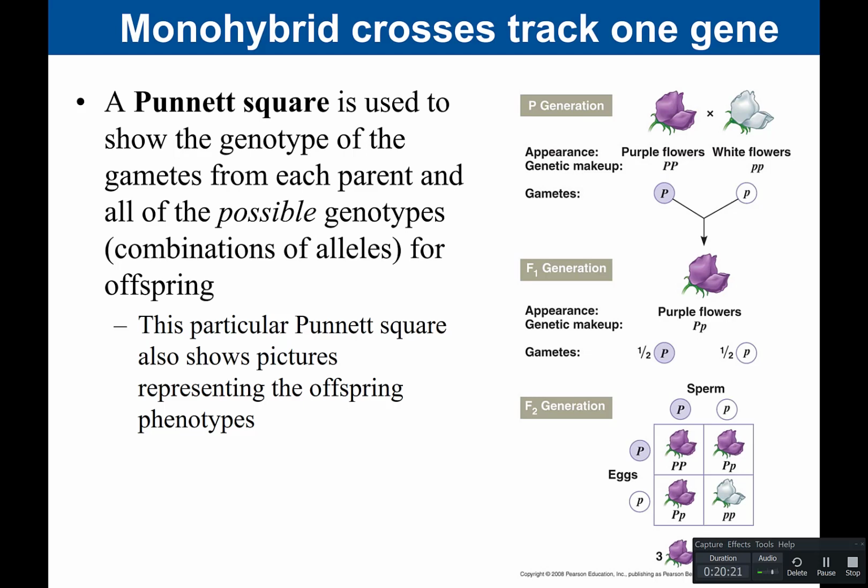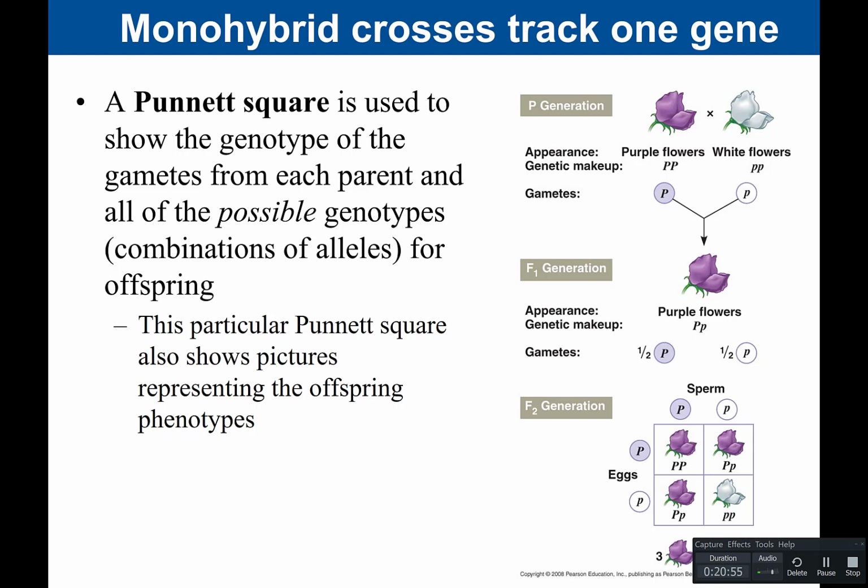And so we can use a Punnett Square to determine the types of offspring and in what particular ratios, meaning what is the expected outcome. So if we look at our F1 generation and we cross our F1s, remember that the genotype is big P, little p. So on the outside of our Punnett Square, we'll put the possible alleles that they could give.